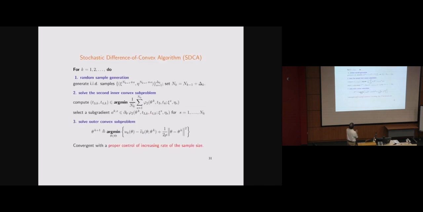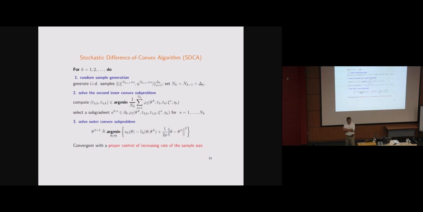So here's the complete algorithm. You have samples, and here we do an incremental sampling. Then you solve this, which has to do with the concave part. You first do a minimization of that, take a subgradient at that minimizer, and then you look at this. This is now a convex problem.